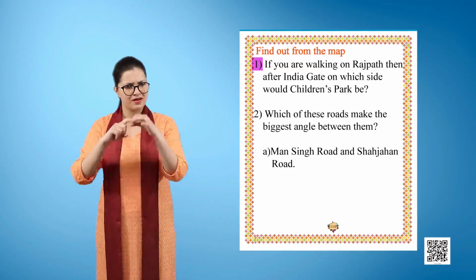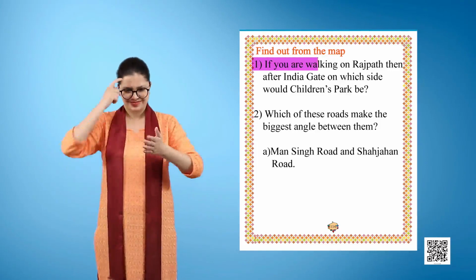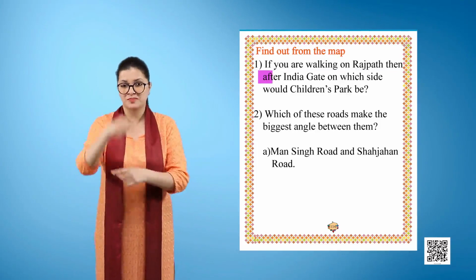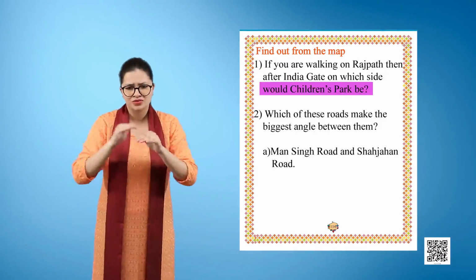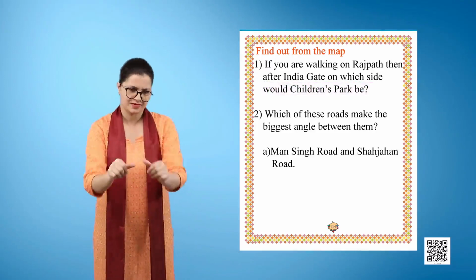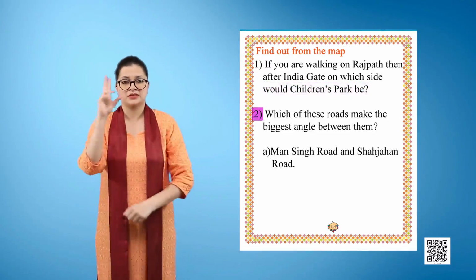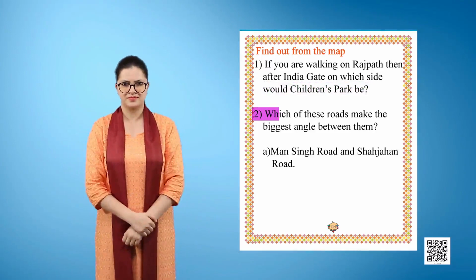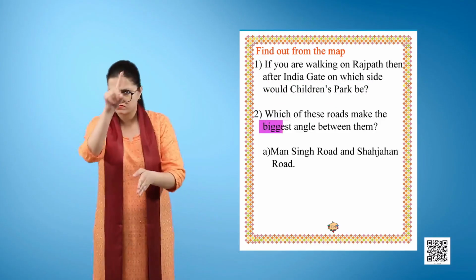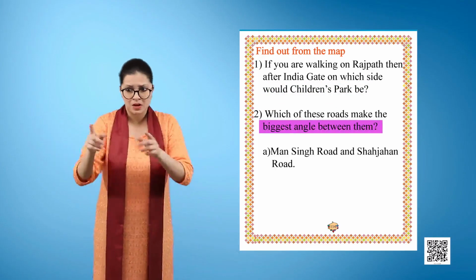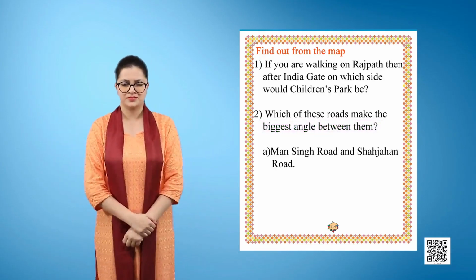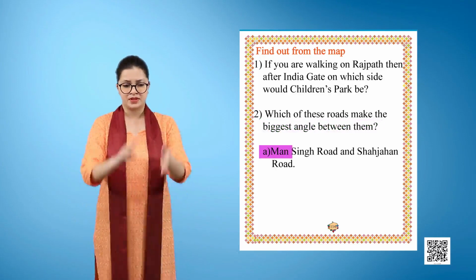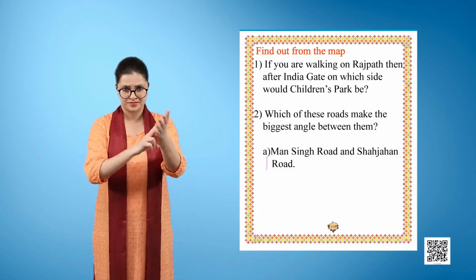1. If you are walking on Rajpath, then after India Gate, on which side would Children's Park be? 2. Which of these roads make the biggest angle between them? A. Man Singh Road and Shah Jahan Road.